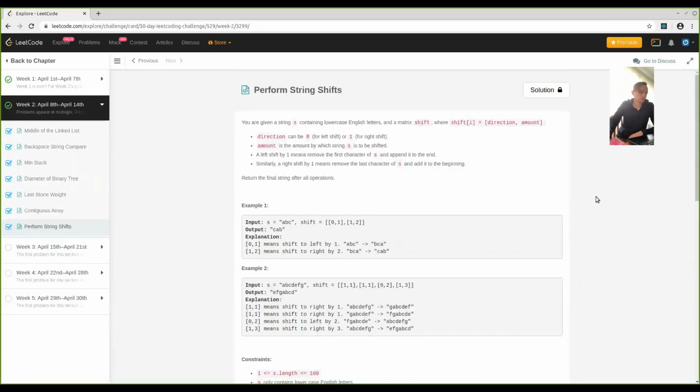Both are integers. The direction can either be 0 or 1. So 0 means we're going to shift letters to the left, and 1 means we're going to shift letters to the right. The amount is the amount by which the string will be shifted. As you go through the matrix, each separate subarray has a different amount that you shift the string by.